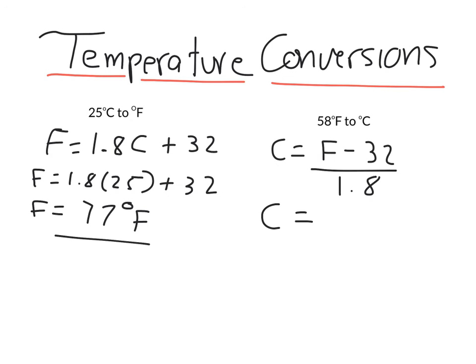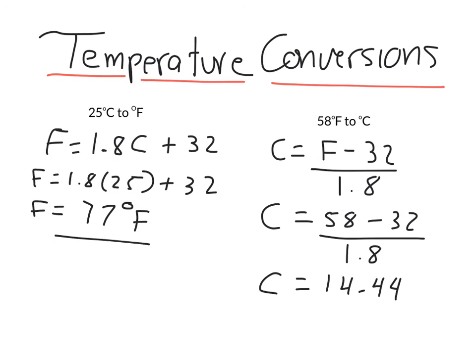Celsius is equal to 58, that is the value of the Fahrenheit degrees, minus 32 divided by 1.8, and Celsius is equal to 14.44 degrees Celsius.